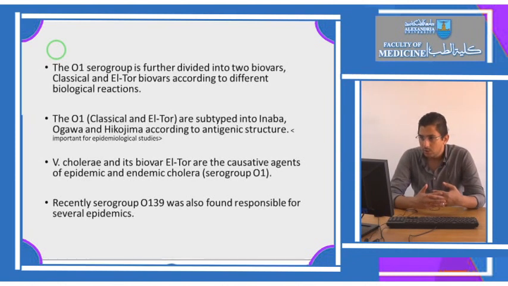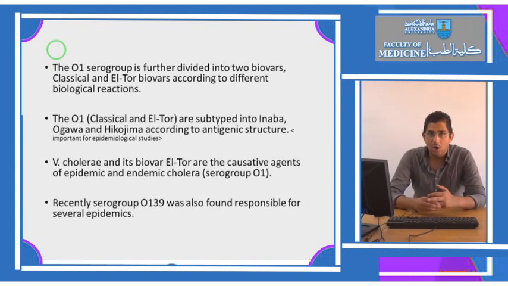The O1 classical and El Tor are further subdivided according to epidemiological studies into Inaba, Ogawa, and Hikojima. Vibrio cholerae and its biovar El Tor are the causative agents of epidemic and endemic cholera. Recently, serogroup O139 was also found responsible for several epidemics.